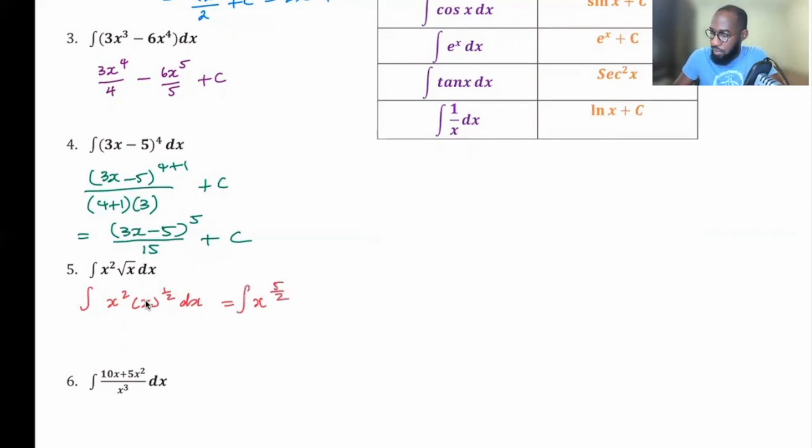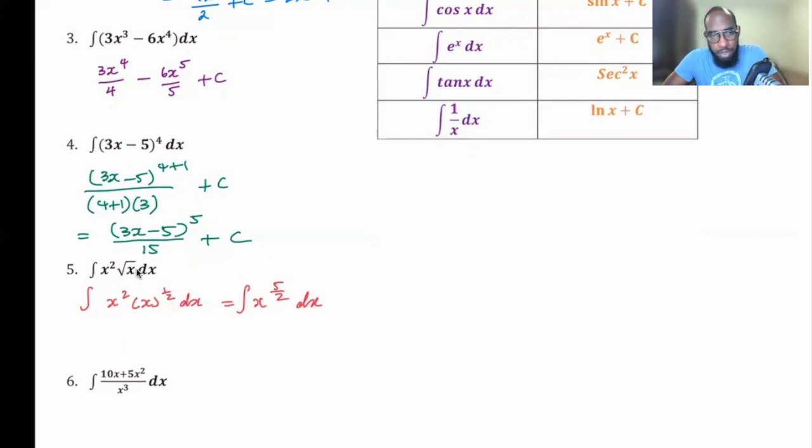The integral of x to 5/2 dx. When you're multiplying with laws of indices, you add the powers. You can check out my laws of indices video to be more familiar with this. So the integral of x to the 5/2.